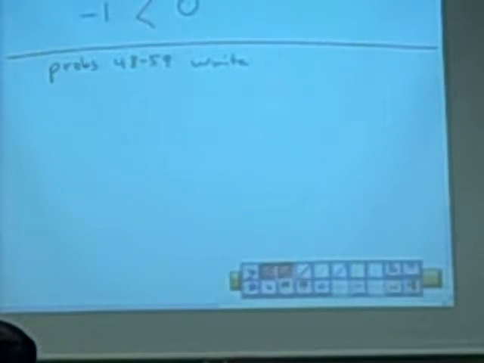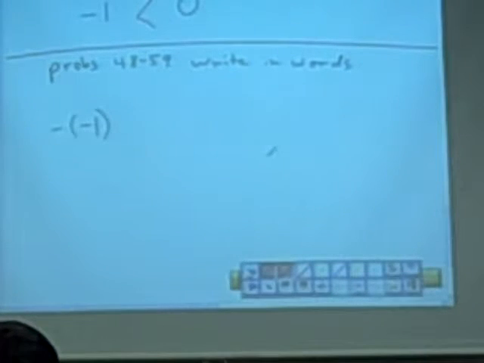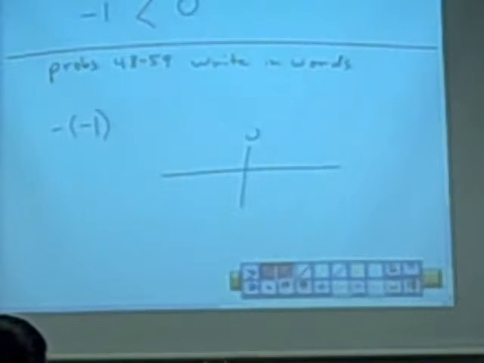We want to write in words. Here we have negative minus a negative 1. And so when we look at a number on a number line, here's 0, here's 1. The opposite of 1 is negative 1. If we want to look at the opposite of negative 3, what would that be?